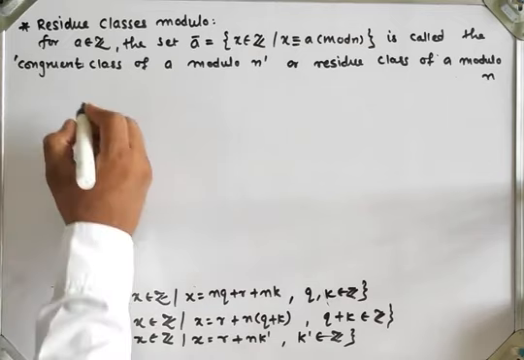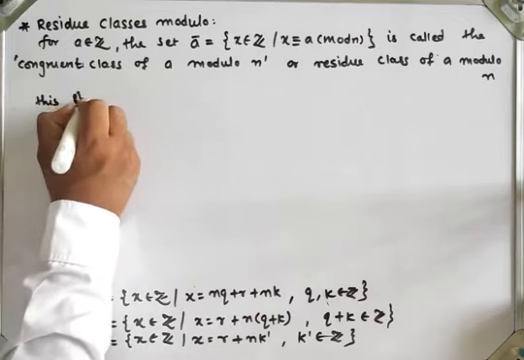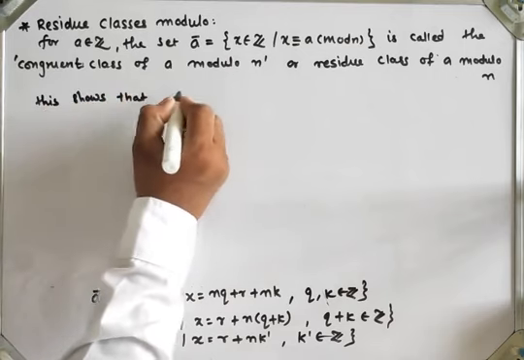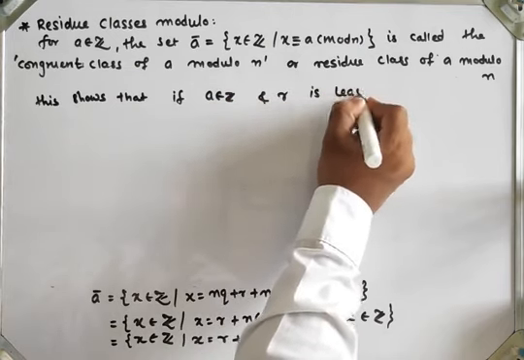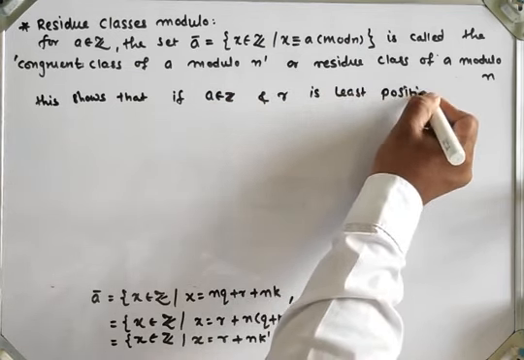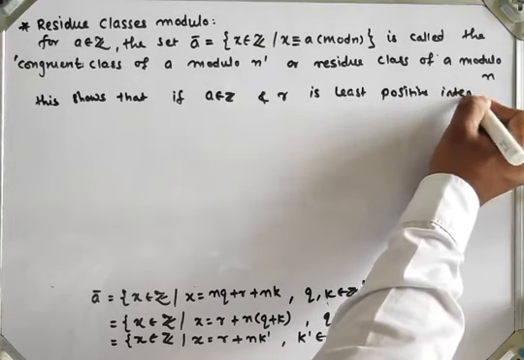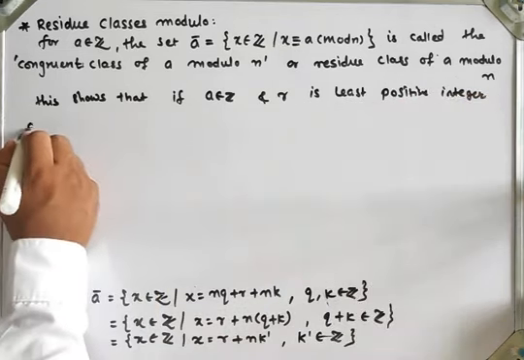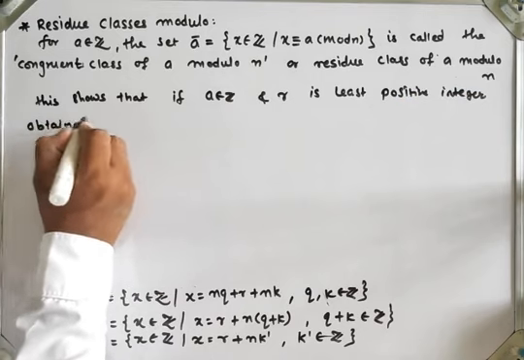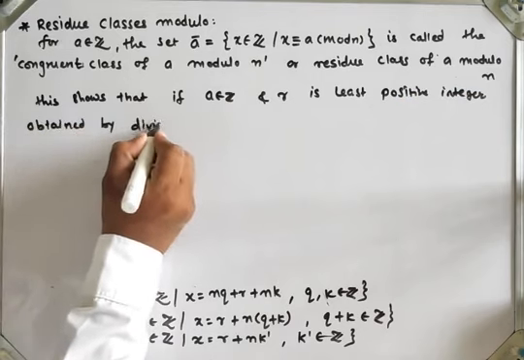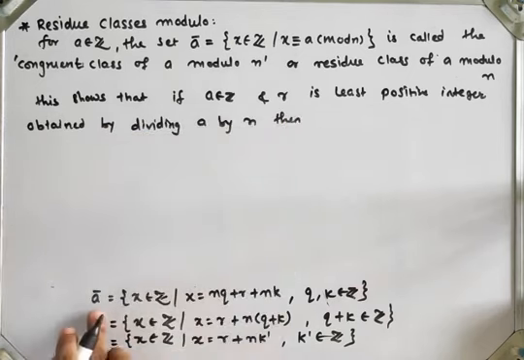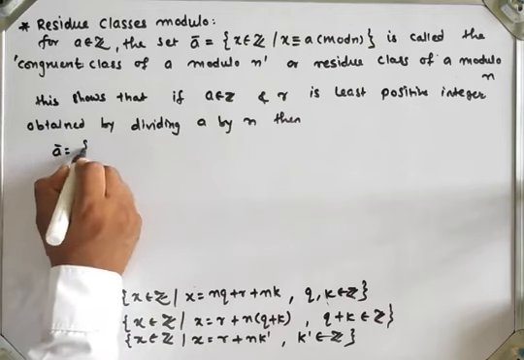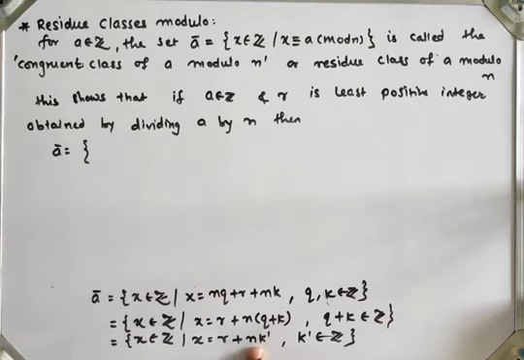So this shows that if a belongs to the set of integers and r is the least positive integer obtained by dividing a by n, then what will we get? So a bar is equal to, so here n modulo n operation, k bar belongs to the set of integers, right?